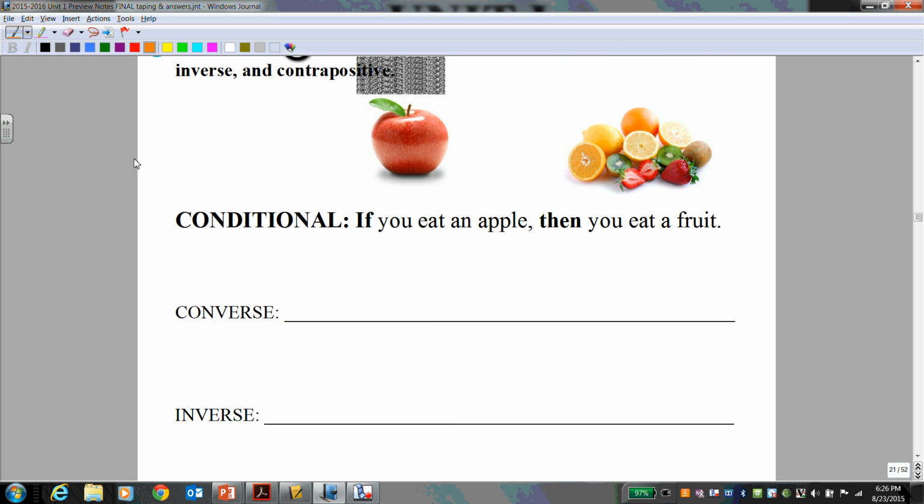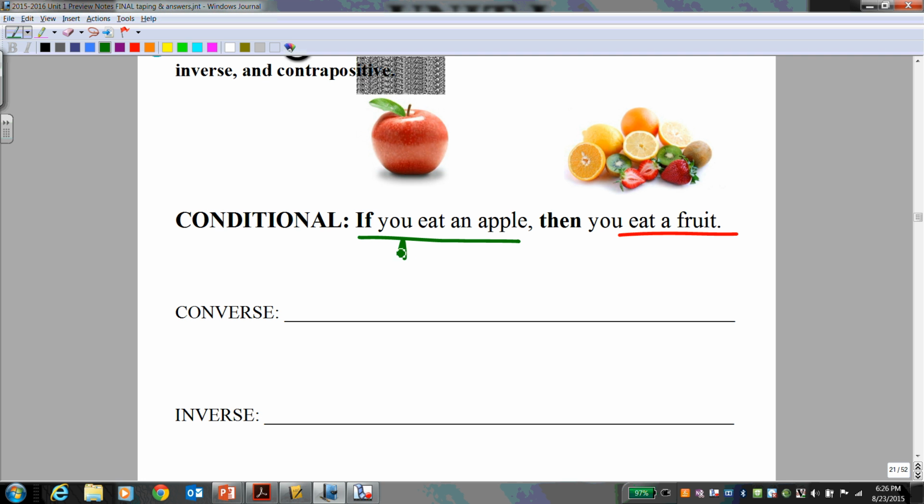Our original conditional is, if you eat an apple, then you eat a fruit. So that's the conditional. Apple, fruit. I'm going to shorten this up. Real simple.